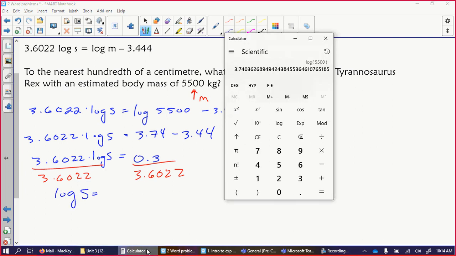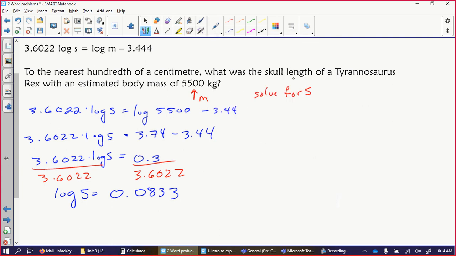Log s equals 0.3 divided by 3.6022. Log of s equals 0.0833. Well, how do we get rid of a log? We convert it. This is base 10, so 10 to the power of 0.0833 equals s, the skull length.